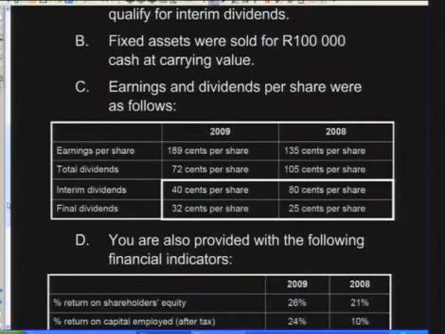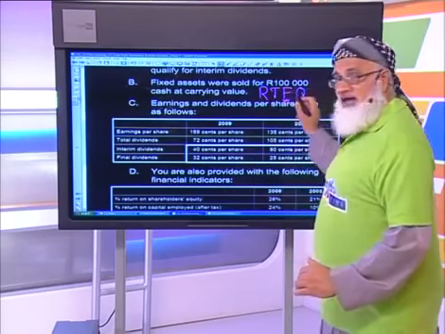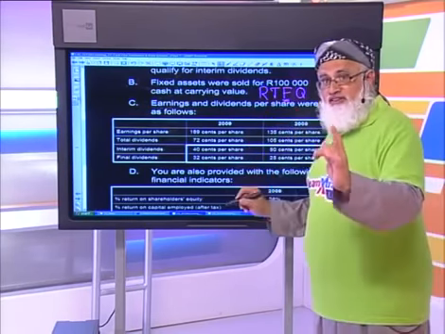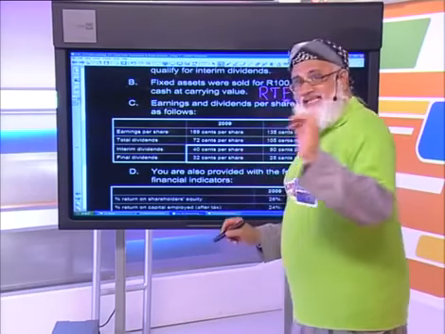Notice other information. You do remember that whenever you are doing an accounting question, you must look for the information that you require. And what is that information? RTFQ. Read the full question. What did they tell us?